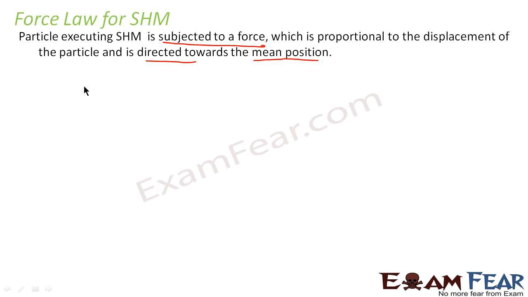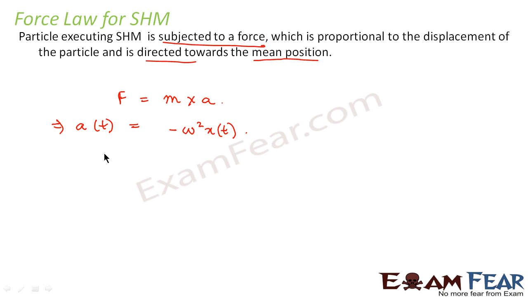Now if you apply Newton's second law, we know that force is equal to mass into acceleration. And from our previous slides, we saw that the acceleration of a particle executing simple harmonic motion is equal to minus omega square x of t. Right?